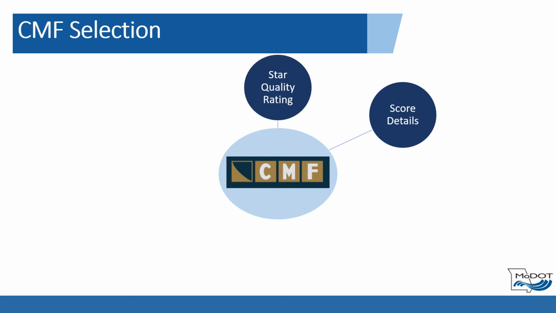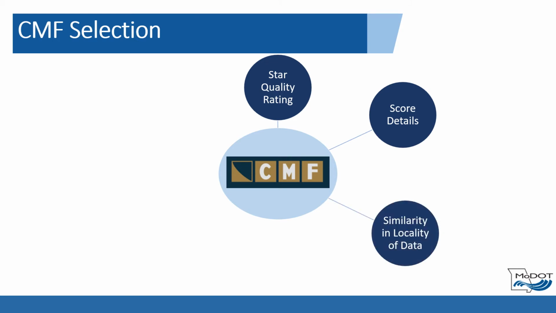The clearinghouse assigns scores of excellent, fair, or poor for each rating category. Detail on the scores can be found within the star rating on many of the CMFs. This information is helpful when comparing the results of 2 or more comparable CMFs.